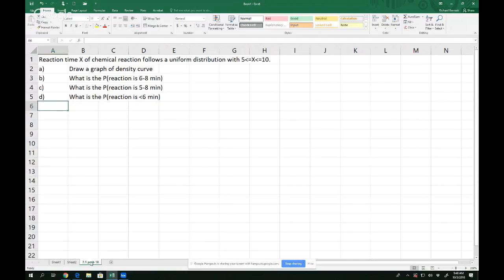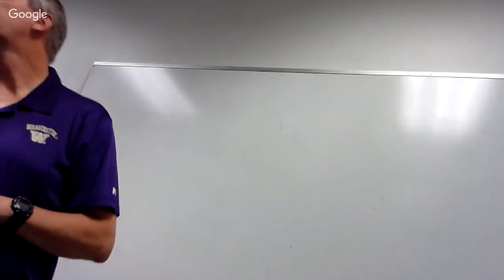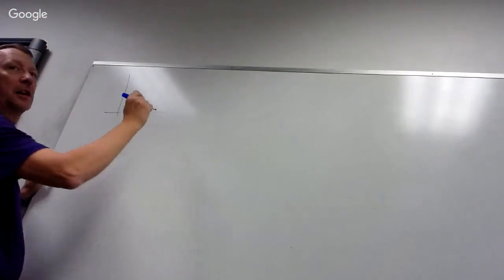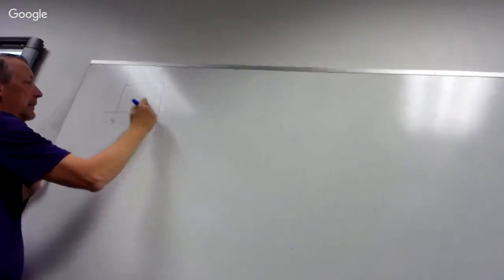How do we draw the density curve? Should I stop sharing? Let's stop sharing. Let's draw this on the board. How would you draw that? Uniform distribution. What kind of a shape is it? It's a rectangle. Okay. It's 5 to 10 minutes, right?